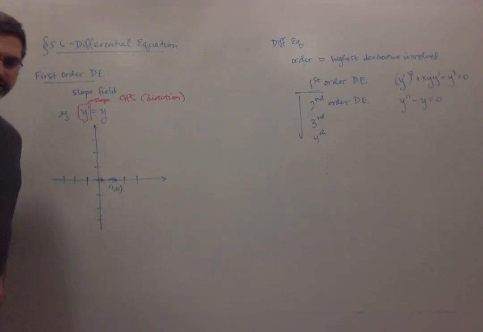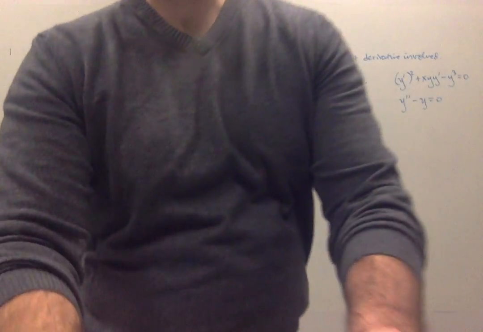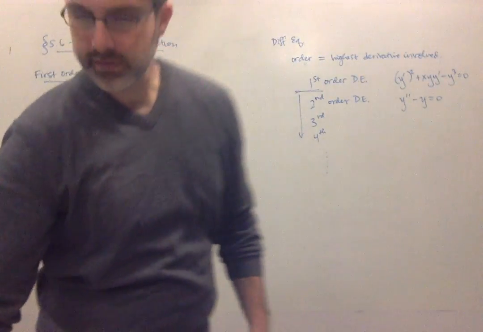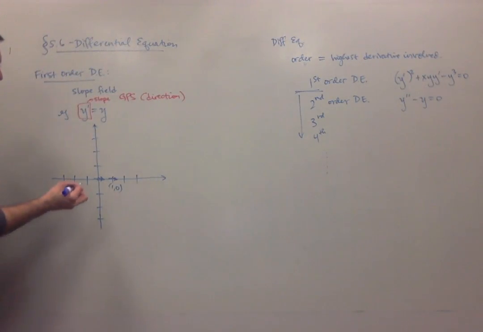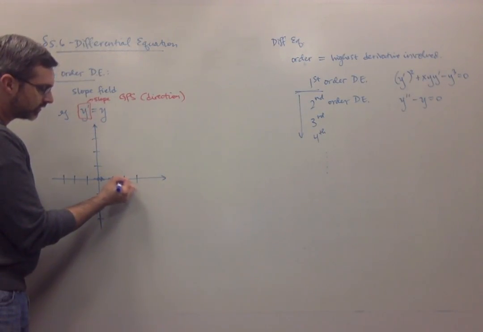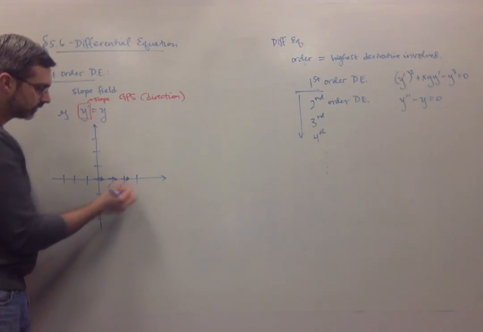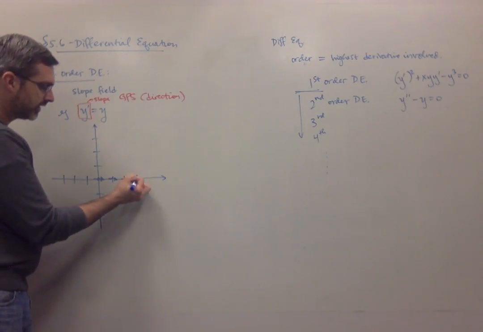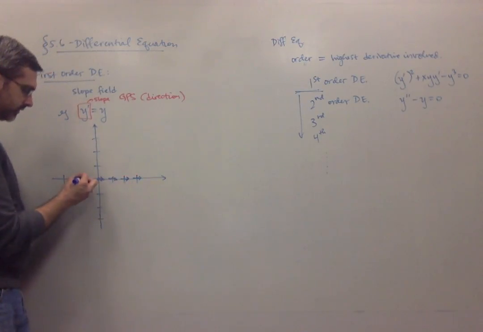Well, that's interesting. What about the slope at 2, 0? What's that slope going to be? That slope is also going to be 0. Okay? Slope at 3, 0 is also going to be 0. Okay, so all of these slopes on the x-axis are going to be 0.